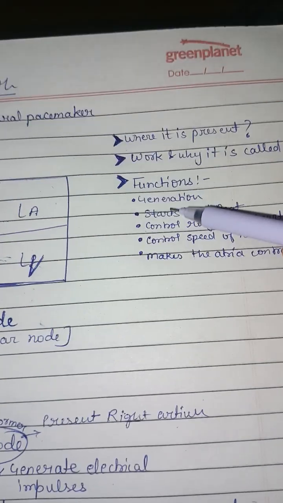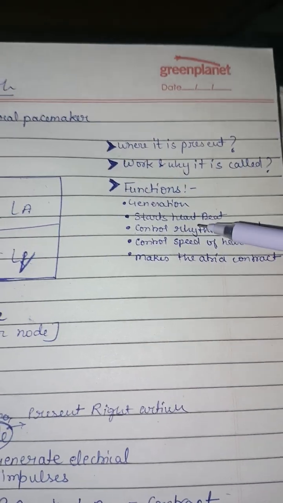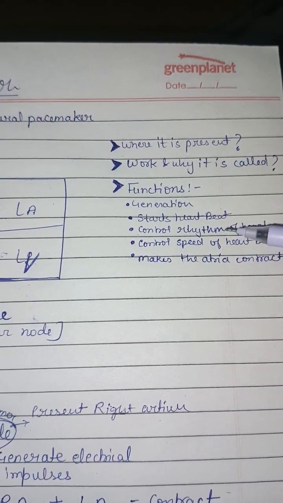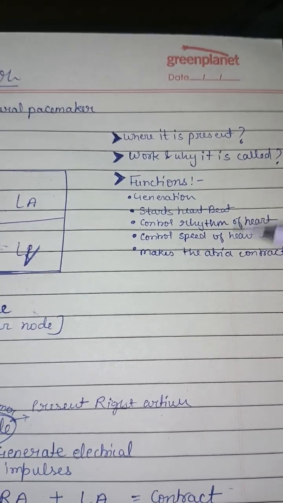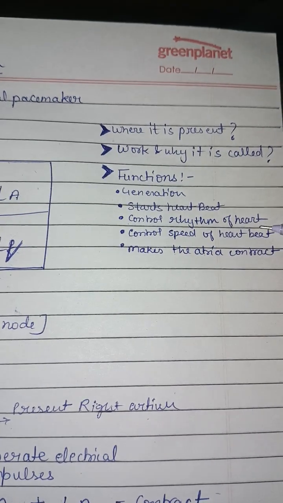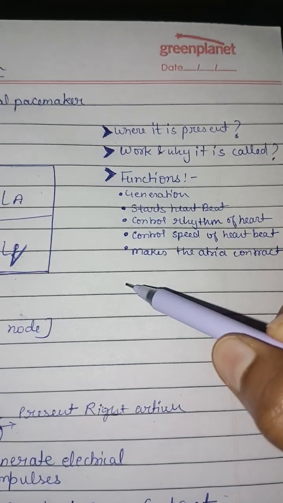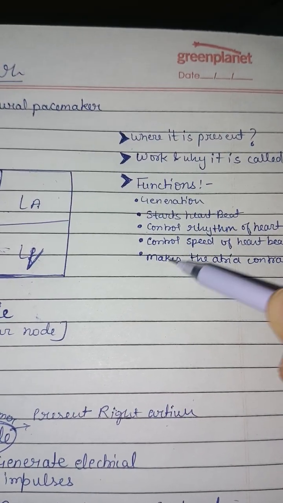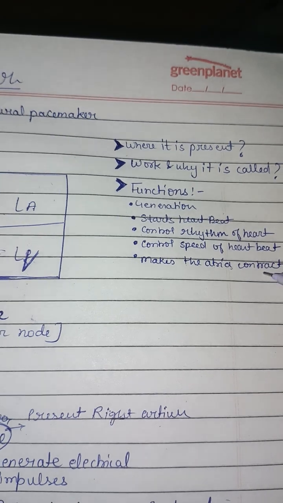And the third function is controlling the rhythm of the heart. It also controls how fast or slow the heartbeat is, the speed of the heartbeat. And the last point I have shared here is that it makes the atria contract.